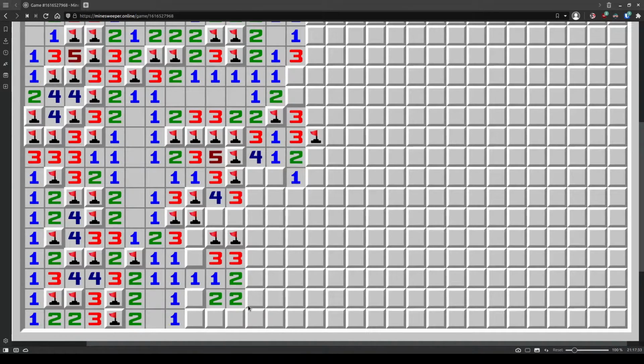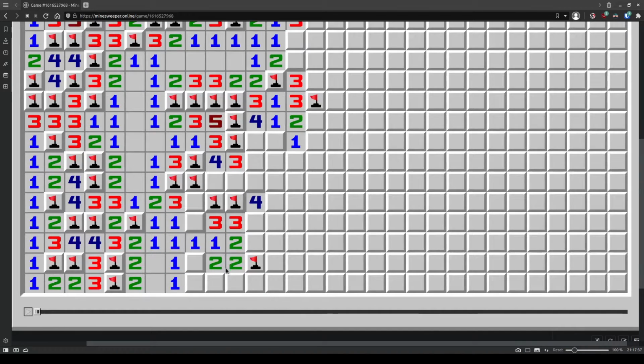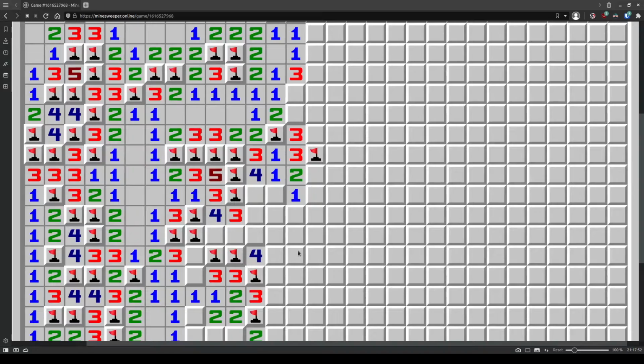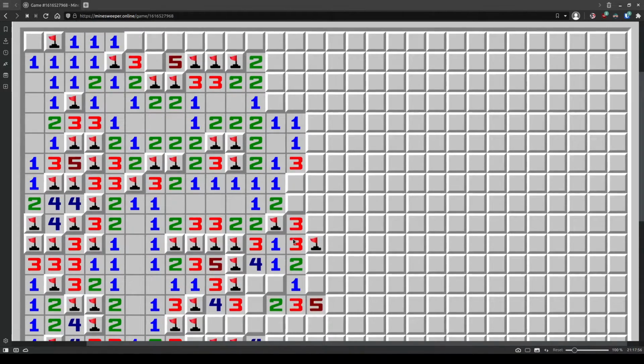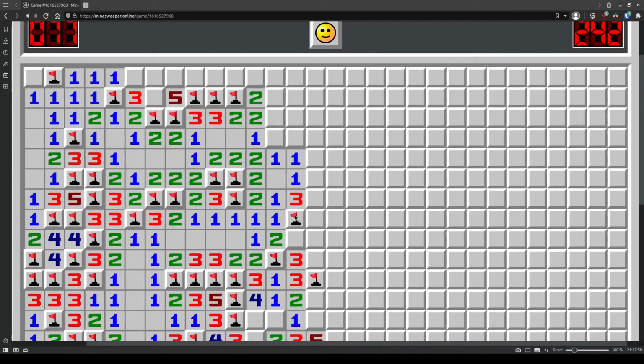Here you can use merging and reduction. Here we have 1 mine here, which means for this 2 to work, we need to have another mine here somewhere. That means that for this 2 here, these 2 cells are free. We can use reduction again. Merging and then reduction.